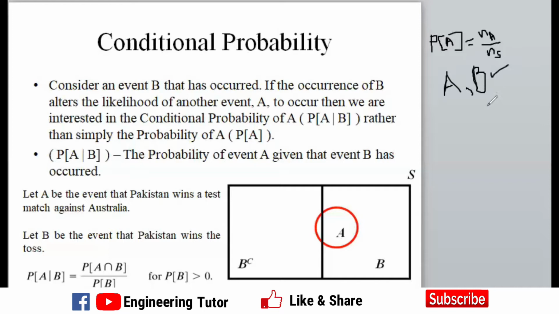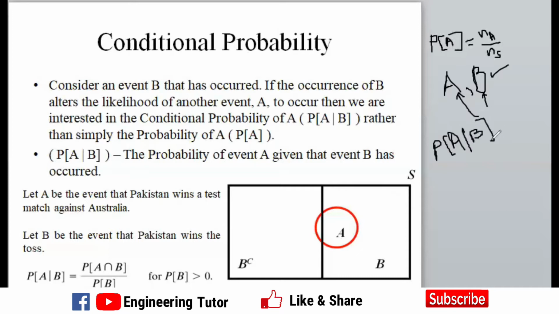With the occurrence of event B, what is the chance of the occurrence of event A? This can be calculated by conditional probability. So how can you find it? You can find the probability of A given that B has occurred.